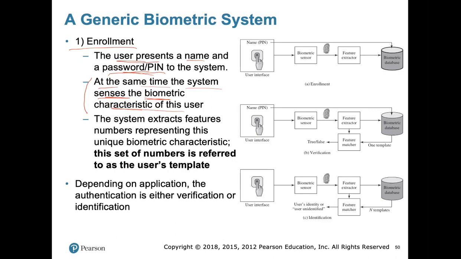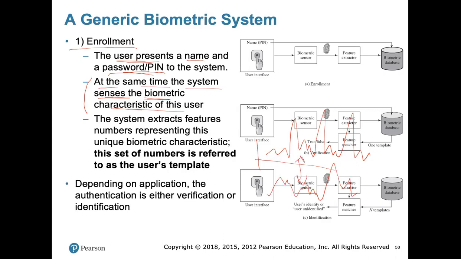These are all signals, and if you look at them, they look like noise. For example, this might be the signal coming from a microphone when it collects my voice. And it's not easy to compare this signal with the signal I generate next time. Next time my signal will be something like this. And it's very difficult to say that these two belong to the same person.